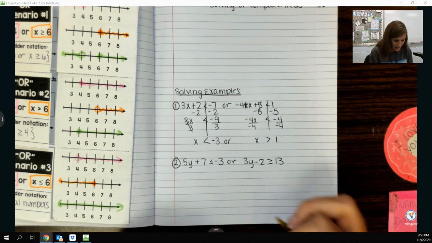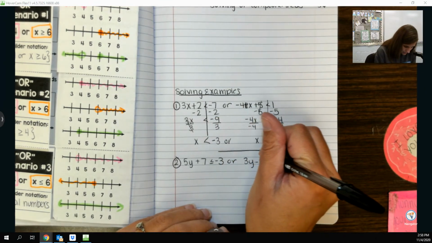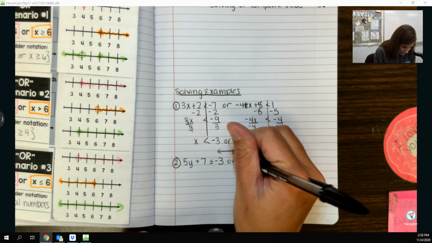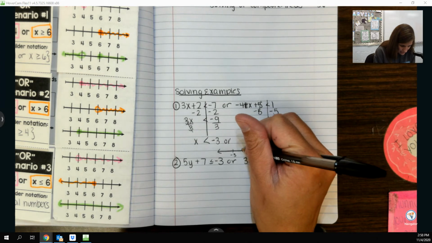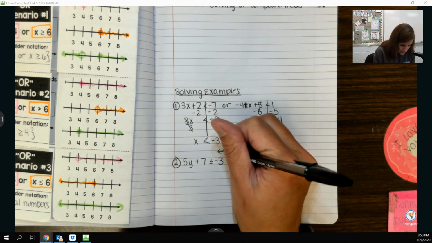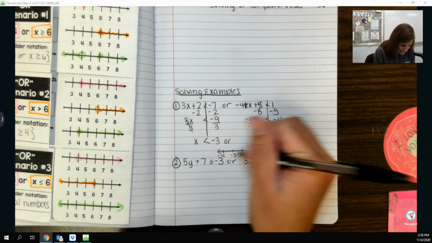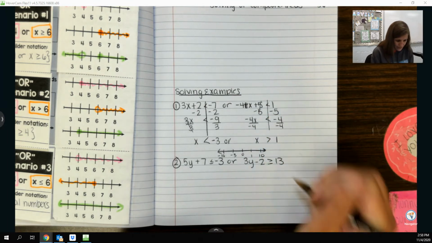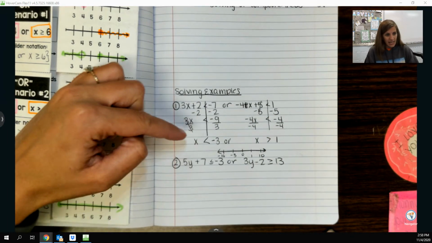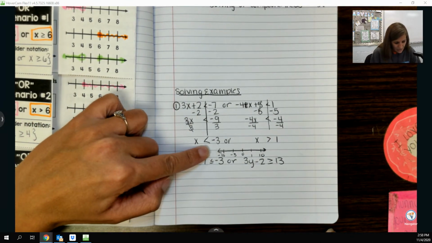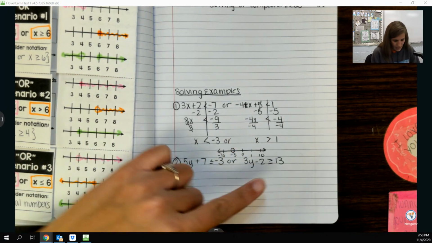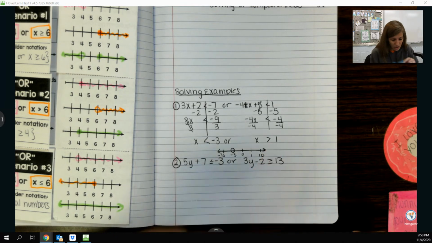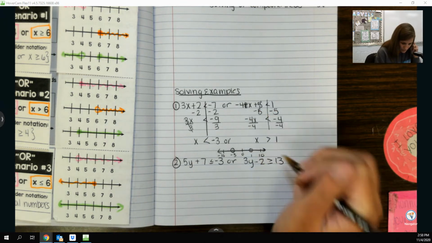And then -4 divided by -4 is 1. So when I think about graphing this one, I would put -3 and then 1. Something that's definitely in between is 0. Something that came before is -10, and something that came after 1 is 10. Now, on the -3, it is not equal to, so open circle. On the 1, not equal to, so open circle.